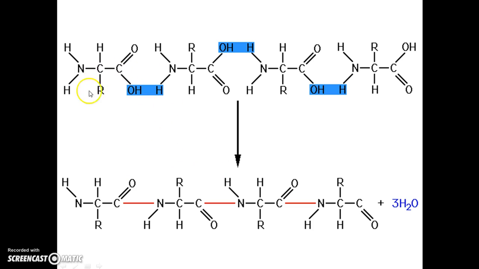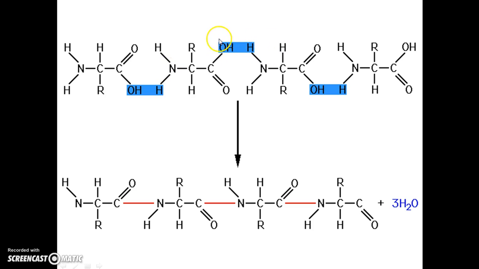So this is one amino acid. This is another amino acid. Here's another one and a fourth one. We're going to take the hydroxyl group from the carboxyl group of this amino acid and the hydrogen from the amino group of this amino acid. We're going to take that water out, and then we're simply going to draw a bond between the carbon and nitrogen, which would be directly from here to here.